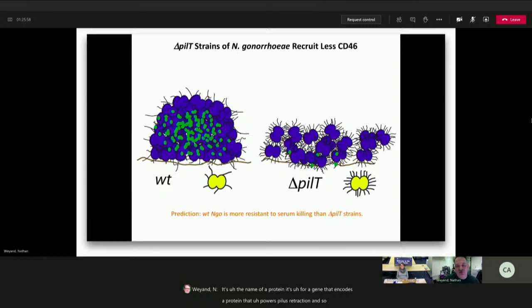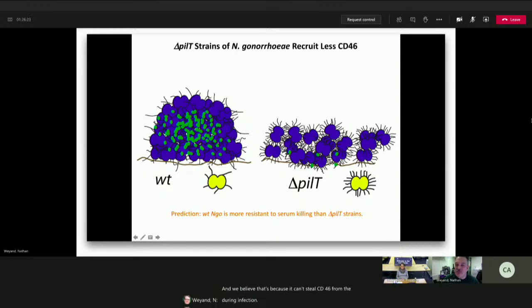When you mutate that gene, the bacteria cannot retract pili. Those bacteria can adhere to cells well, but they can't steal CD46. We have found in our experimental model system that this strain is very sensitive to serum killing, and we believe that's because it can't steal CD46 during infection.